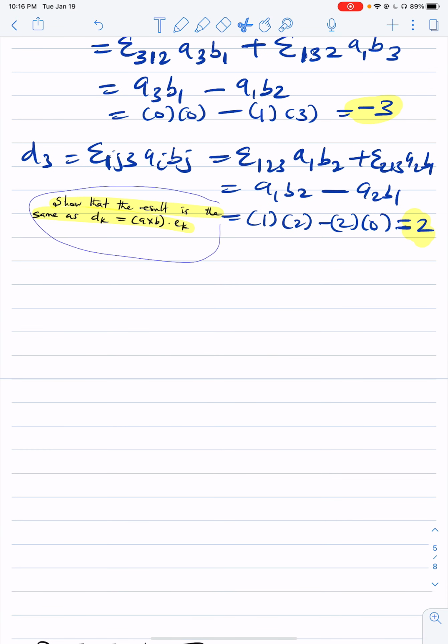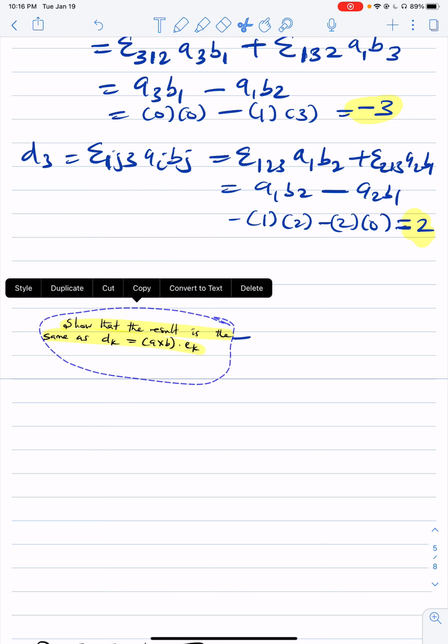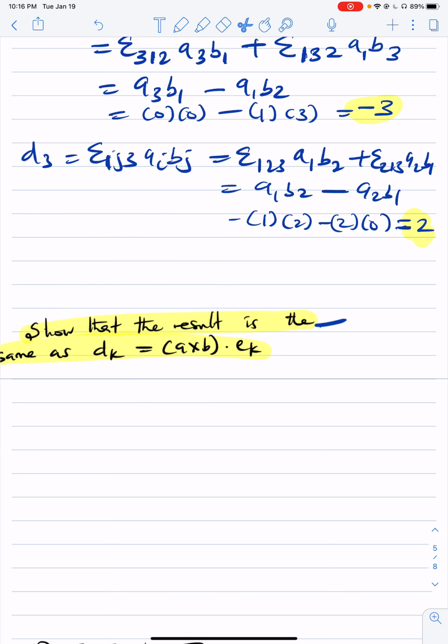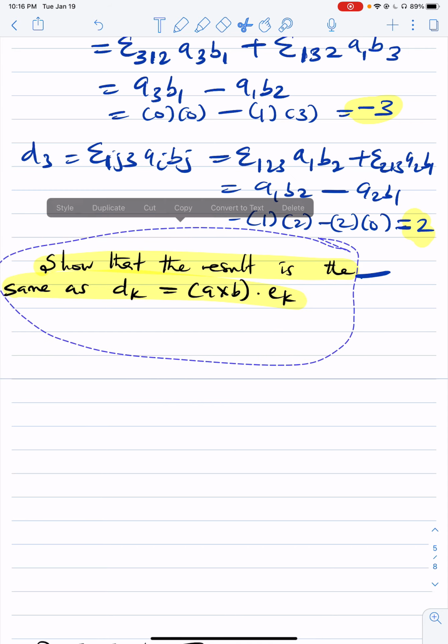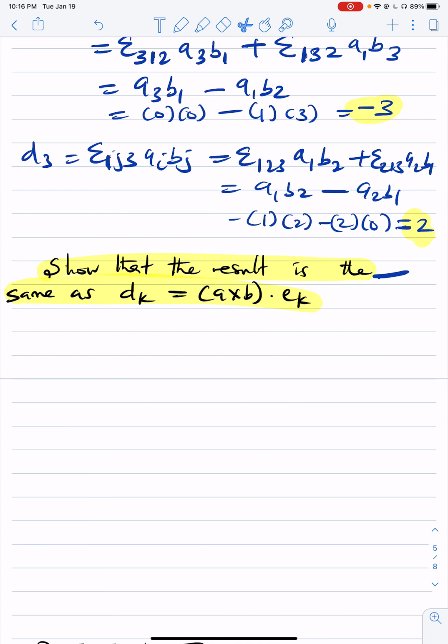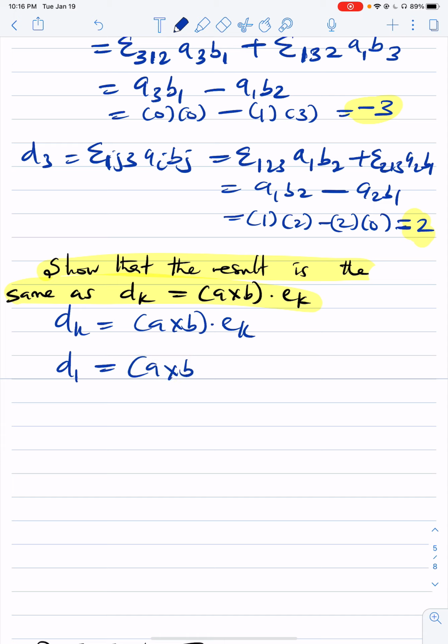It says show that the result is the same as D_k equals A cross B dot e_k. So D_k is A cross B dot e_k, right?